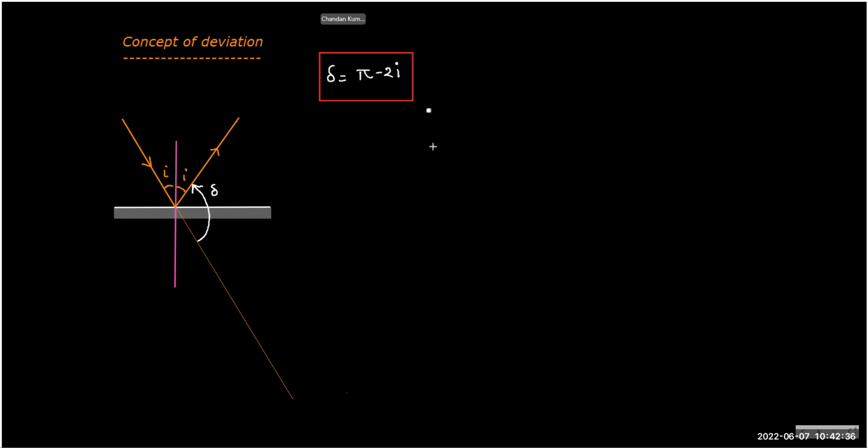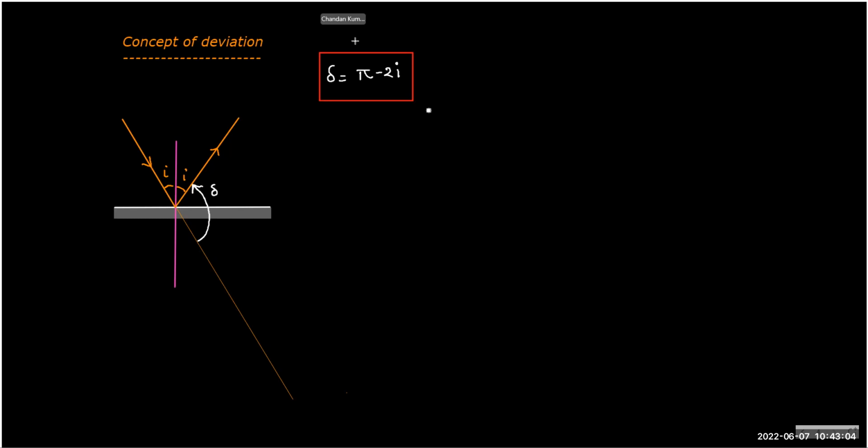How much the reflected light ray must be turned to match with the incident ray. So you must turn by pi minus 2i, isn't it? As this is straightforward, deviation is simply how much the light ray has turned from its original path because of the interception by the mirror. The answer is pi minus 2i.